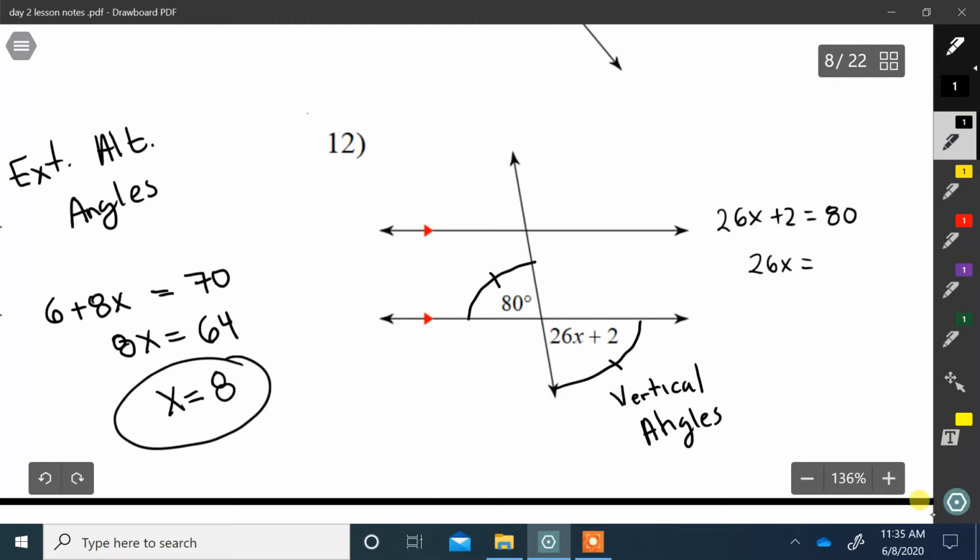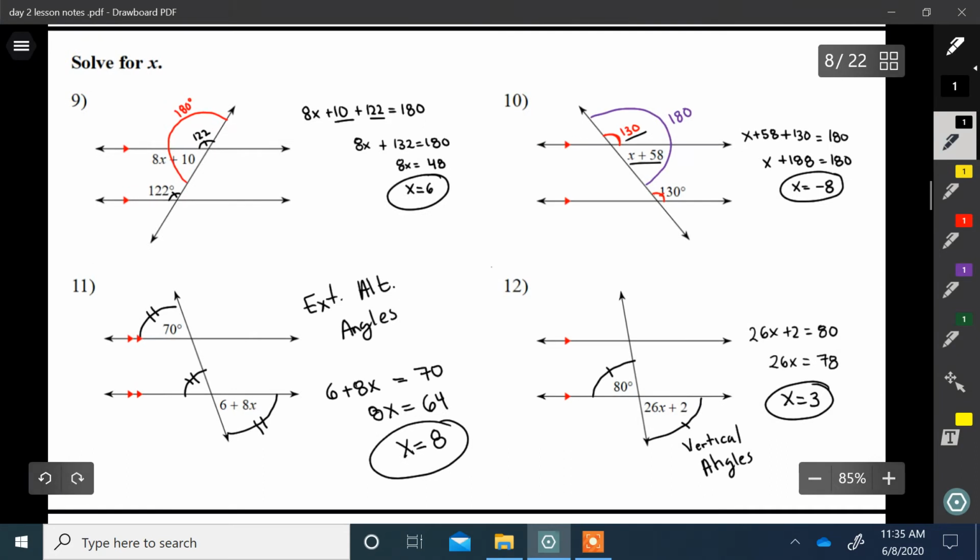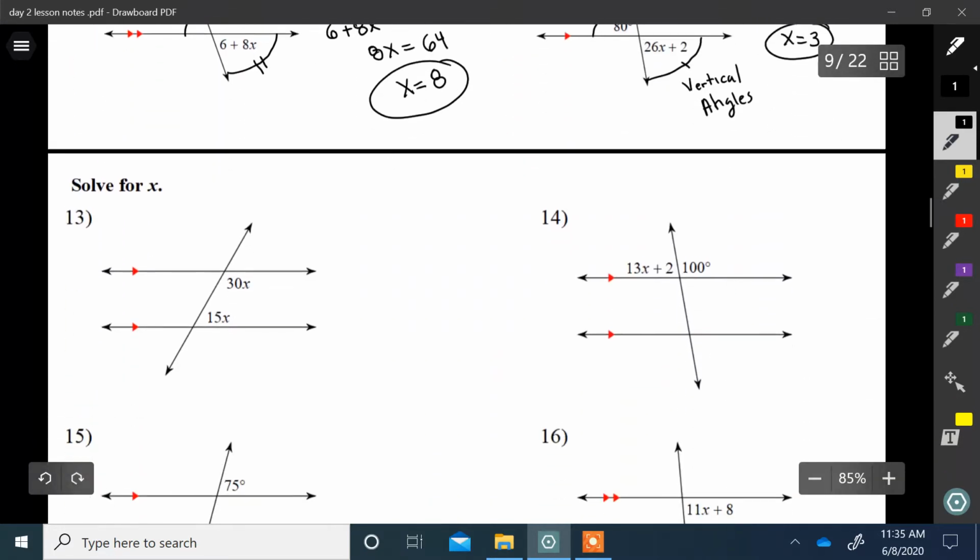Subtract 2 on both sides, you will get 78. And then 78 divided by 26, that's going to be x is equal to 3. Okay, so I want to show you everything that I did there. I will be posting these notes on canvas as well, so you will be able to see them as well.